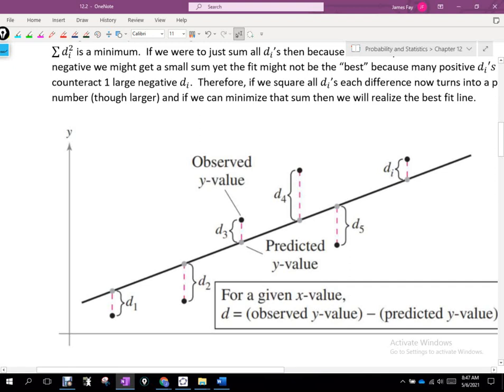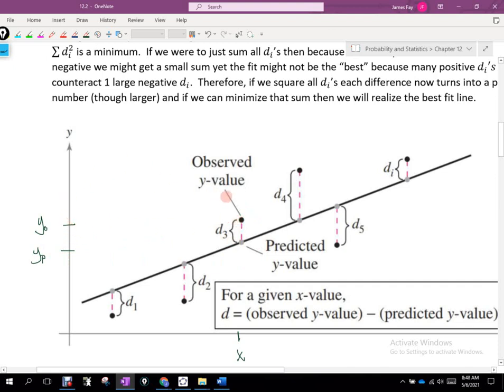Does that make sense? So whatever that y value there is, that is the observed y value. I'll put y sub o and I'll put y sub p. For that x value, this y value is the predicted y value for our line, but this y value is actually the one that was observed.